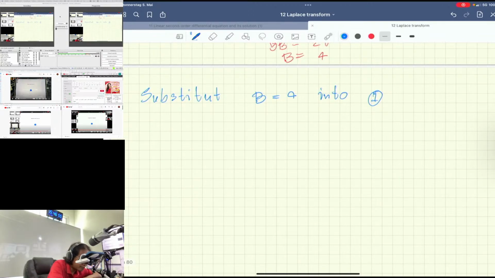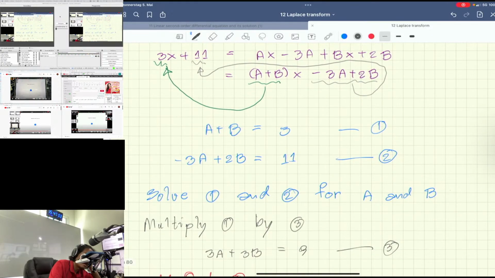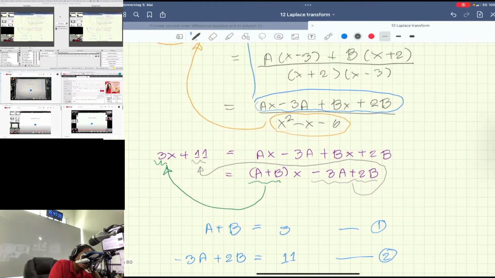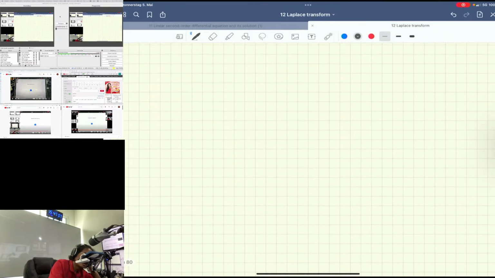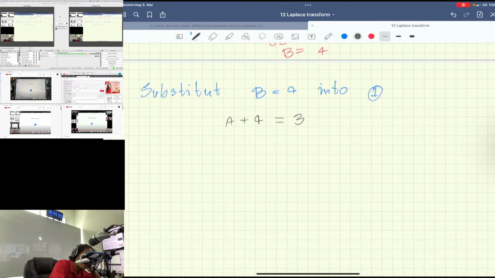So you would get a plus 4 equal to 3. Right. So therefore, your a is 3 minus 4, so it's equal to -1.